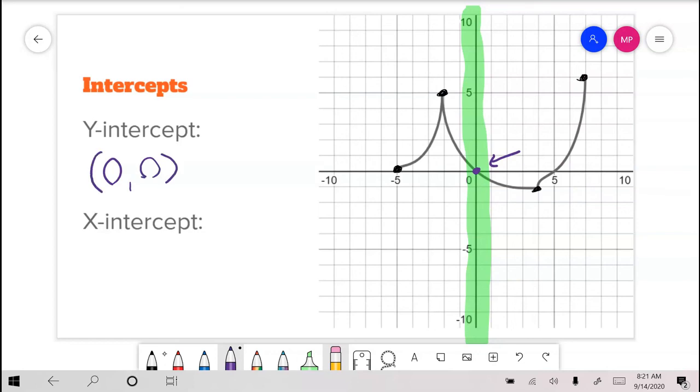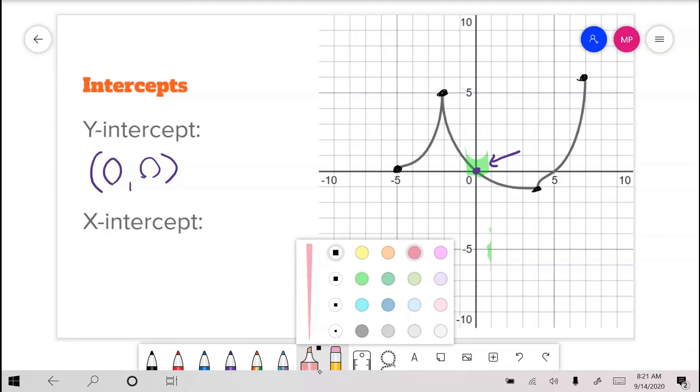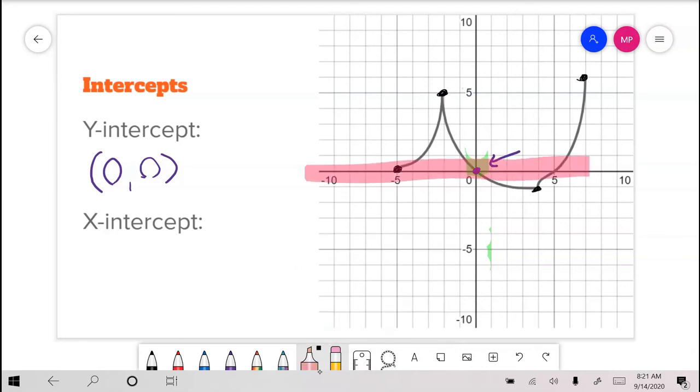So now we're looking for the x-intercepts. That's where it crosses the x-axis. So we'll highlight the x-axis. And it looks like we have a few points where it crosses or touches it. It looks like our y-intercept is also an x-intercept.